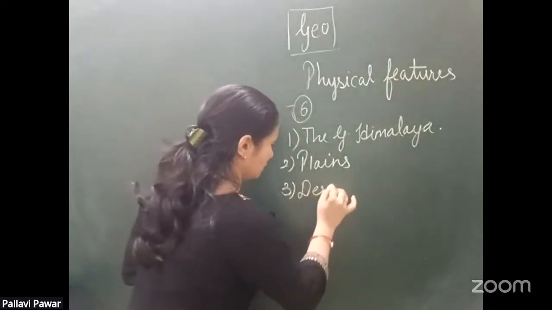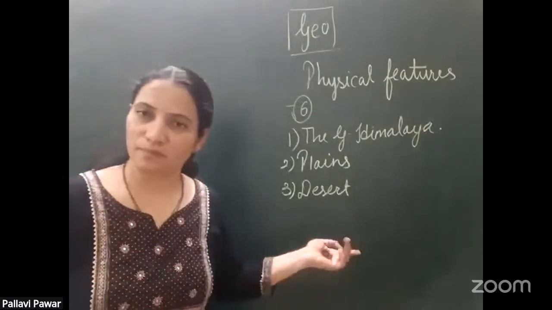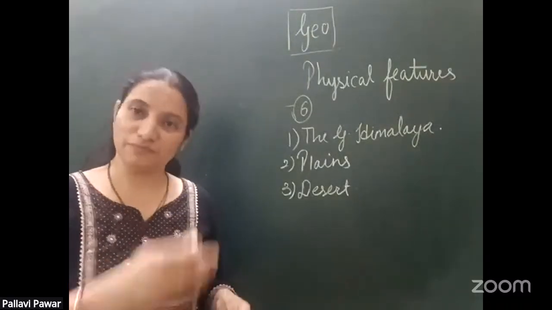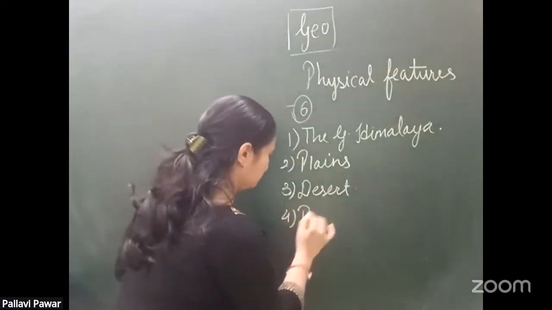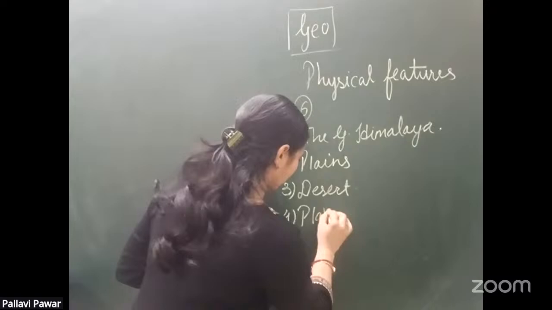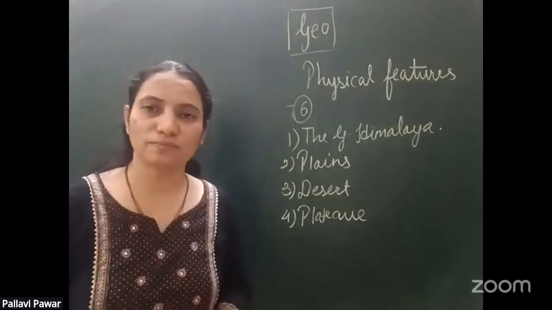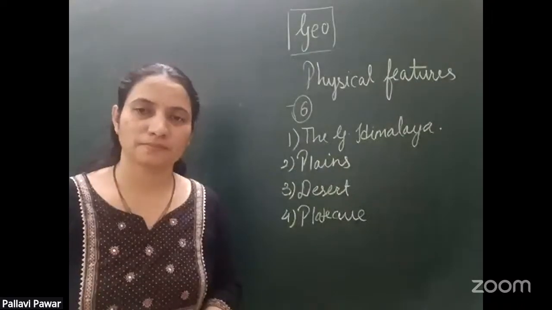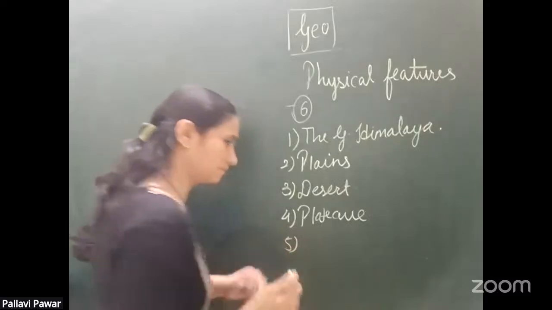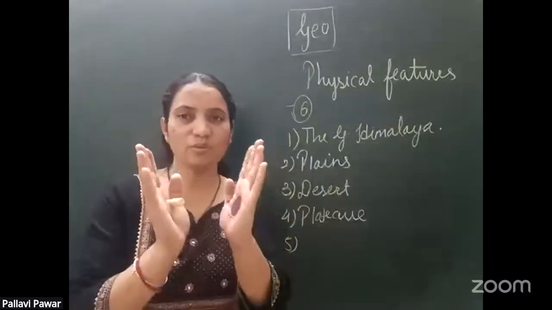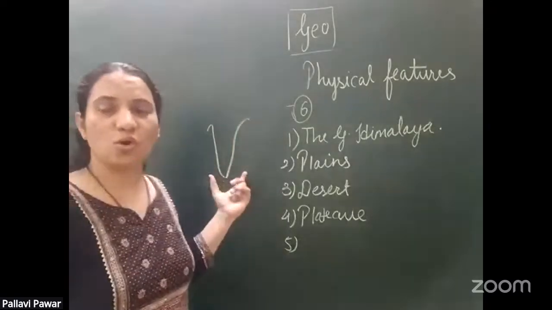So desert is also an important physical feature. After that desert, now the plateau will come. After plateau, island. But before that, first of all, we have to think about the coastal line.